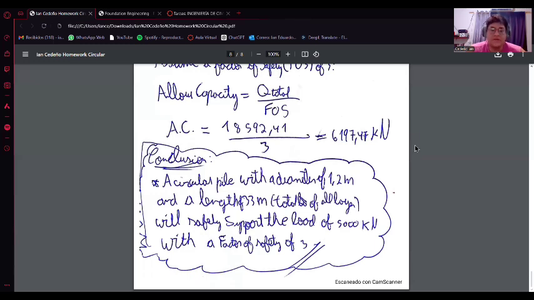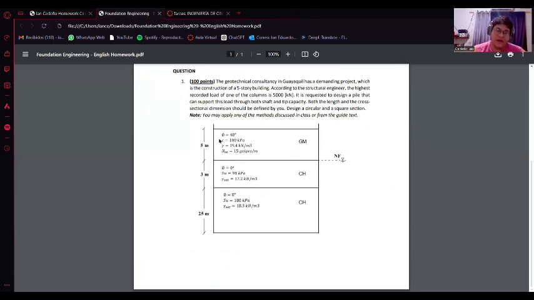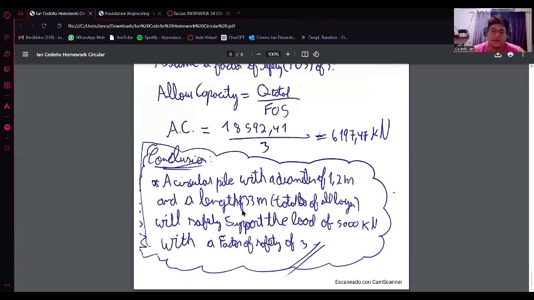In conclusion, we have the circular pile with a diameter of 1.2 meters and a length of 33 meters, the total of all the layers. We're going to assume 5 plus 3 plus 25 meters is the total of the three layers. We will safely support the load of 5,000 kilonewtons with a factor of safety of 3.